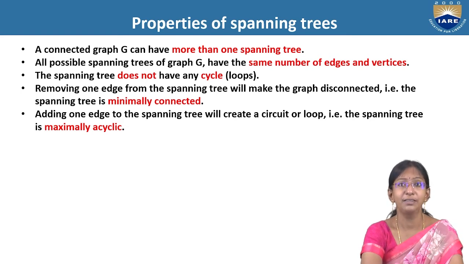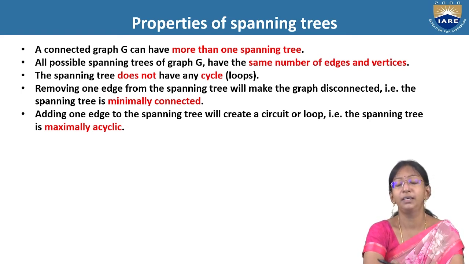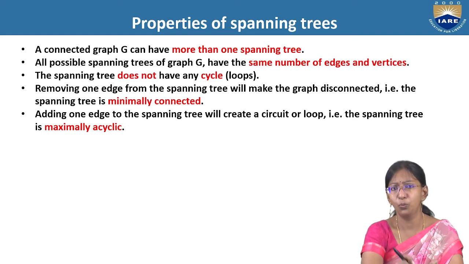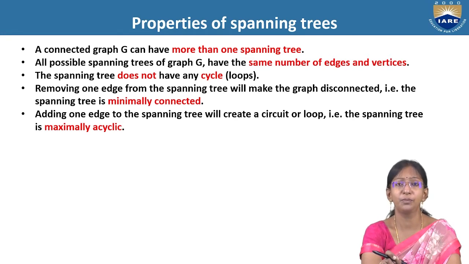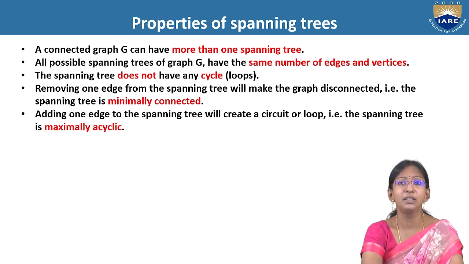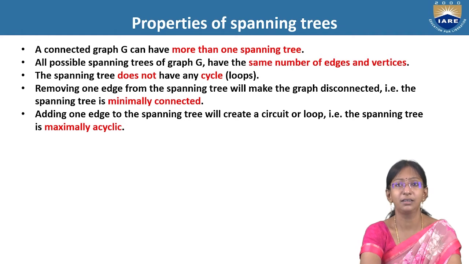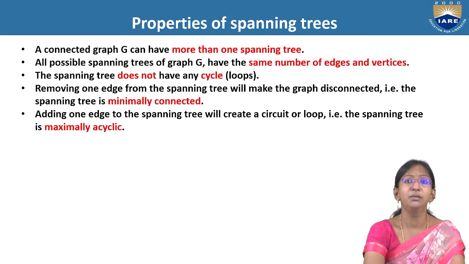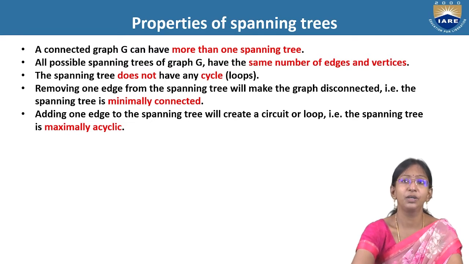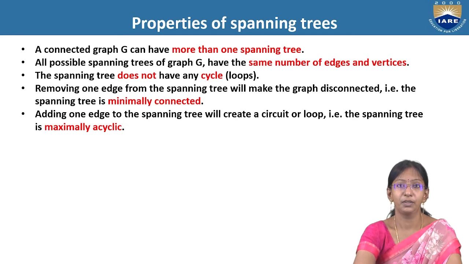You need to remember, adding at least one edge will make a cycle in it, or removing an edge from the spanning tree will make it disconnected. So a spanning tree is a minimally connected and maximally acyclic tree. Okay, these are the properties which you need to keep in your mind.